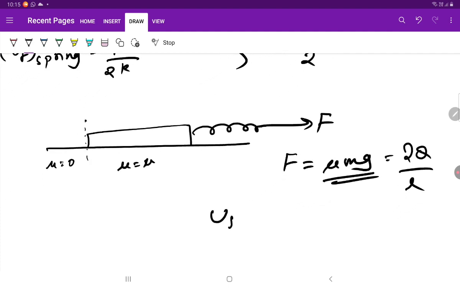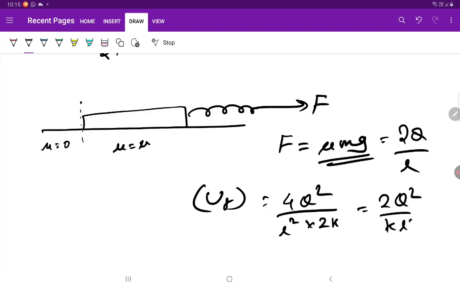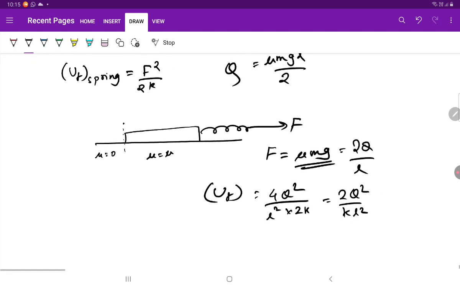So what will be the final potential energy of the spring? It will be 4Q square by L square into 2k. You'll get it to be 2Q square by kL square, right? So we already found the total potential energy of the spring. Now what is heat loss?